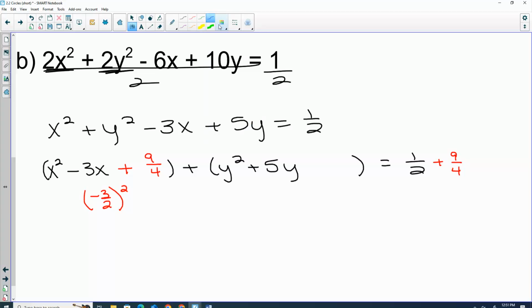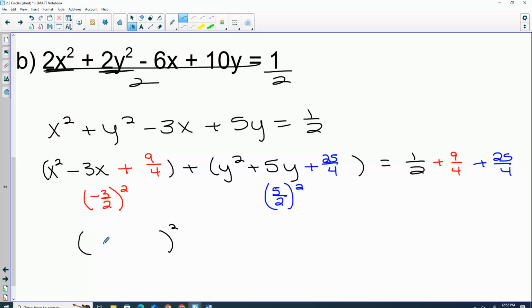We do the same thing with the next term. So 5y, so 5 over 2 squared. It doesn't reduce, so just square top and bottom. So that would be 25 over 4. Add it to one side, so you add it to the other. Now we factor them.